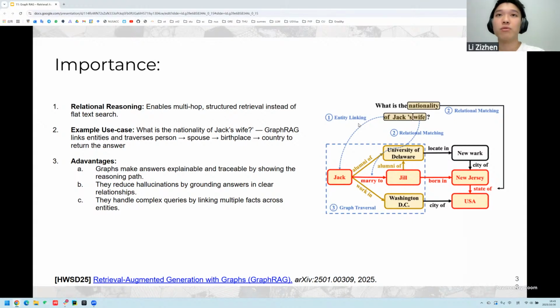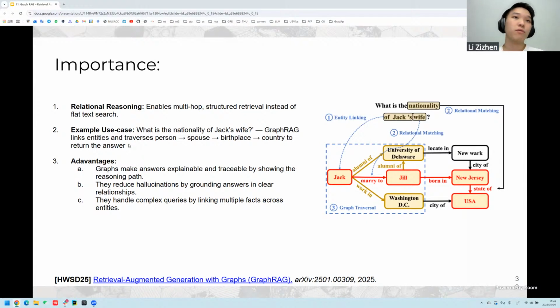However, if you use a GraphRAG, you can just traverse the graph. For example, you can go from Jack, then he's married to Jill, and Jill is born in New Jersey, which is a state of the USA. So you can just return the answer. So the advantage is quite obvious.